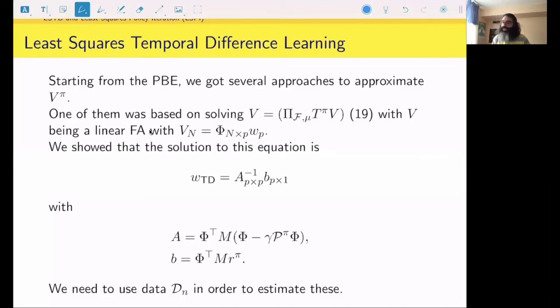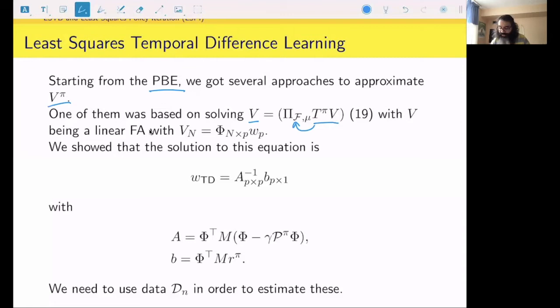So we had different approaches to approximate V pi if we start from the projected Bellman error. One of them was based on solving this equation of V being equal to the projection of T pi V onto the function space F according to some distribution mu. Then we said, okay, let's focus on linear function approximation.